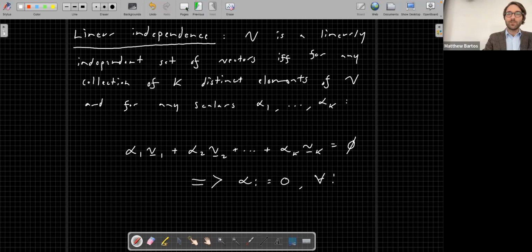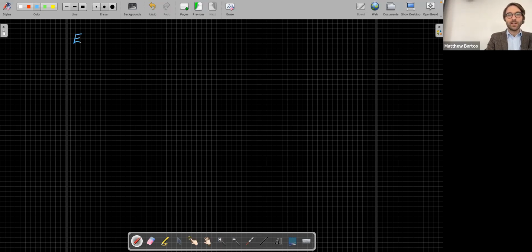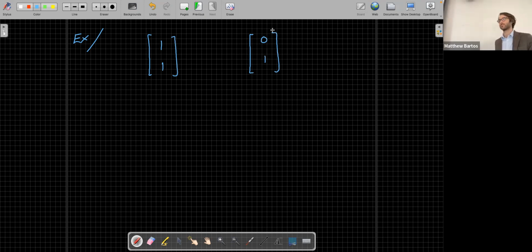Okay, so let me give you a quick example of a set of linearly independent vectors in R2. So let's say we have (1, 1) and (0, 1). Is there any way to scale these vectors and add them together to get the zero vector? Well, there is actually. What would that be?